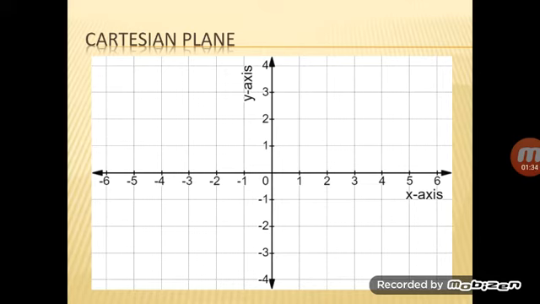The x coordinate is the x value, the distance from the y-axis, and the y coordinate refers to the distance from the x-axis. When they come together to plot the position of any point, this is called an ordered pair on the graph.